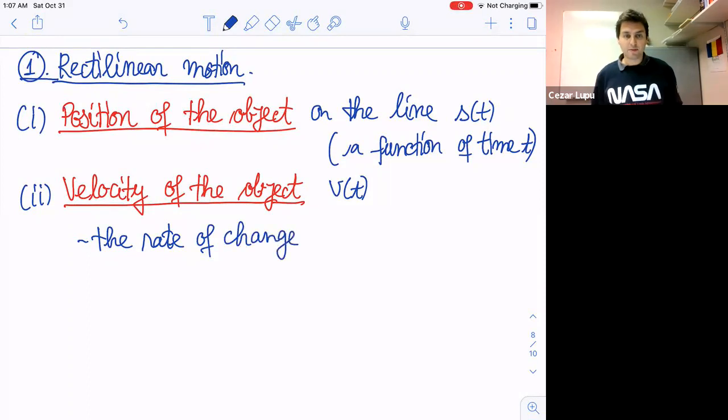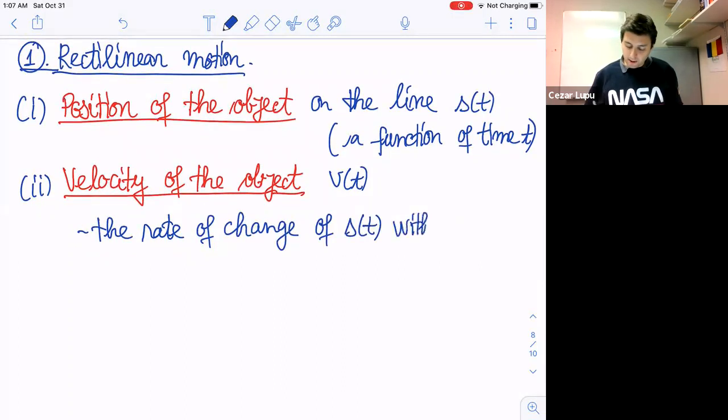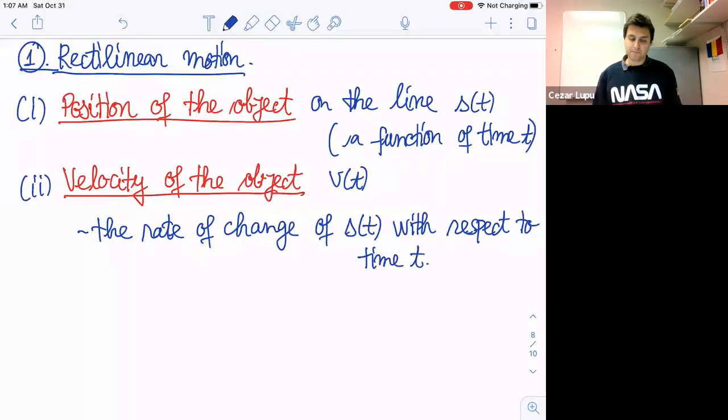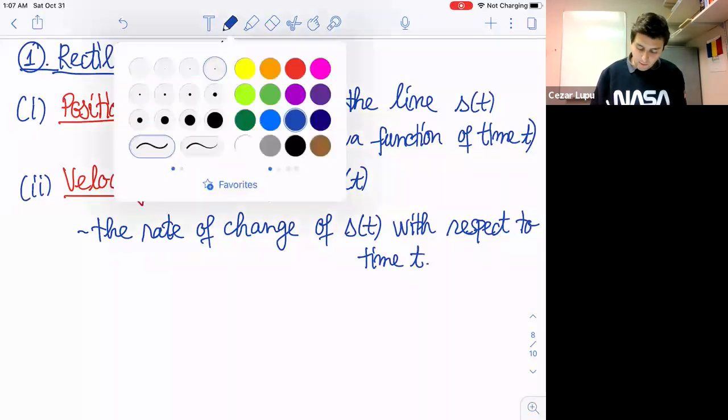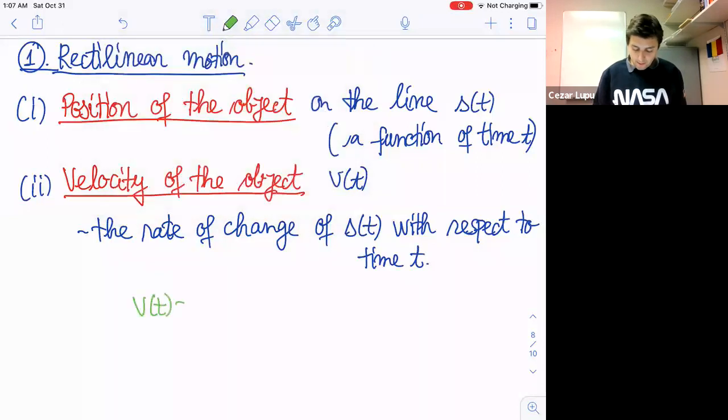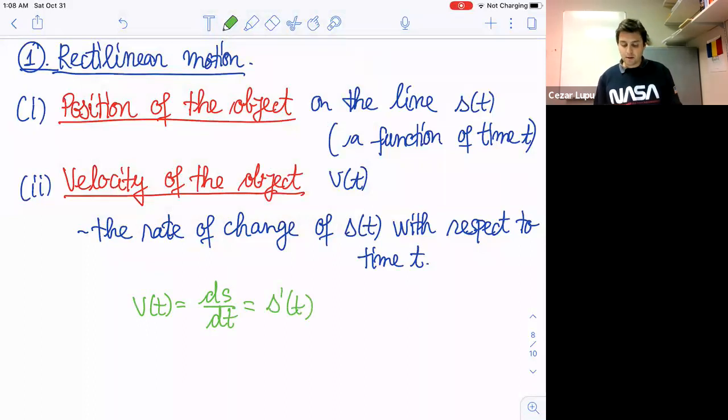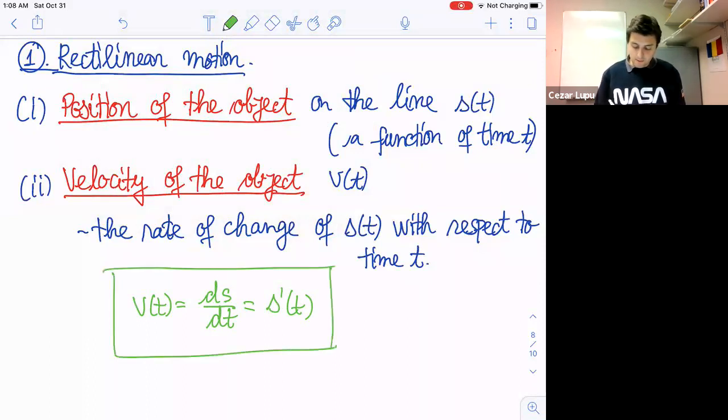So the velocity will be described by the rate of change of s of t with respect to time t, right? And this will be given by the formula v of t is nothing else than just the derivative, ds over dt. So it's nothing else than just the derivative of the position with respect to t, right?